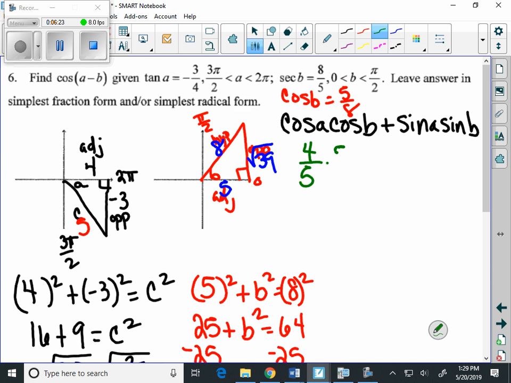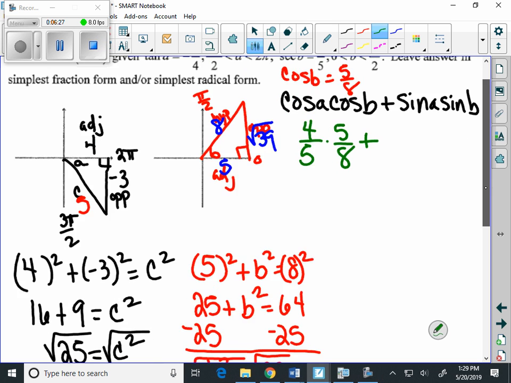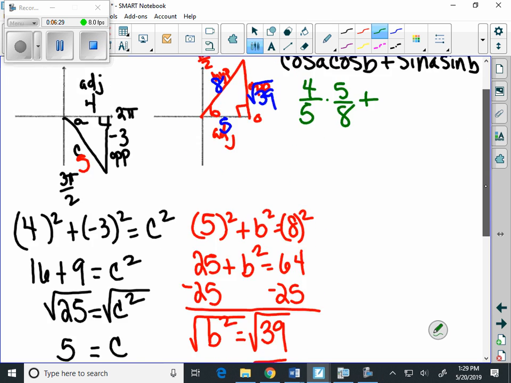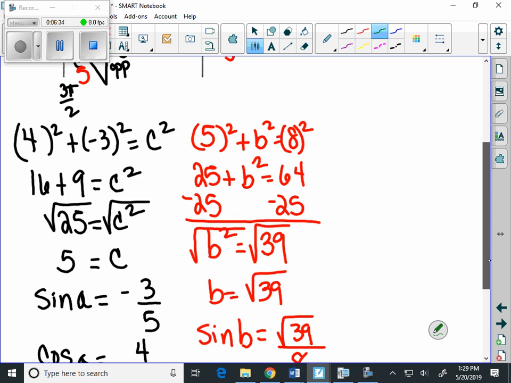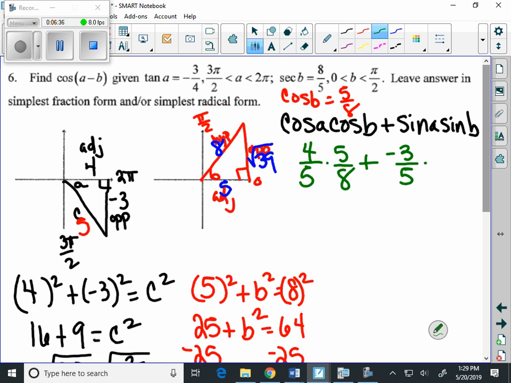Cosine of B is 5/8, so I have it right there above. Plus sine of A. Sine of A is negative 3/5 times sine of B, which is the square root of 39 divided by 8. And now we can finish the problem.